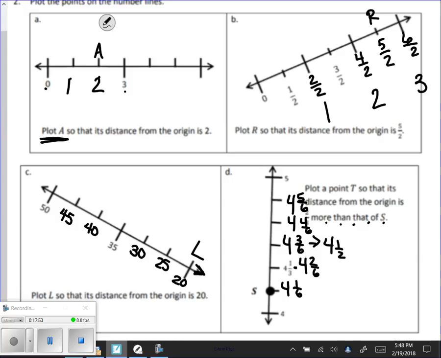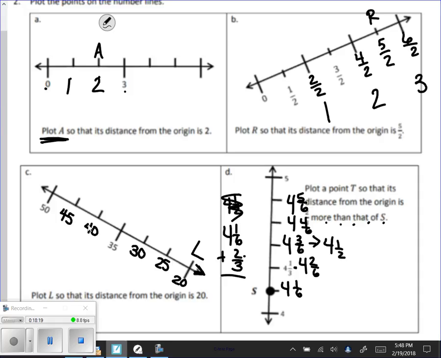So 2/3 more. If we have 4 and 1/6, oops, I didn't even write that right. 1/6 plus 2/3. I can't add those. I need a common denominator.